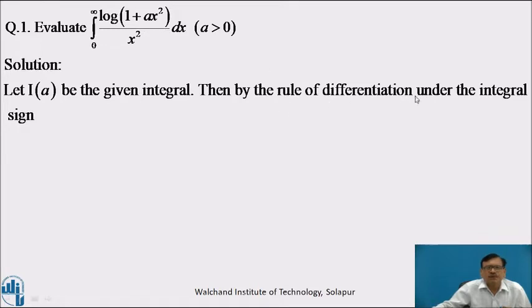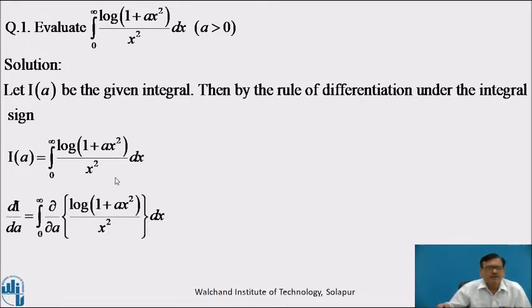Then by the rule of differentiation under the integral sign, I(a) is equal to the integration from 0 to infinity of log(1 plus a x square) by x square, and we can write dI by da equal to the integration from 0 to infinity of del by del a of log(1 plus a x square) by x square dx, by using the rule of differentiation under the integral sign.